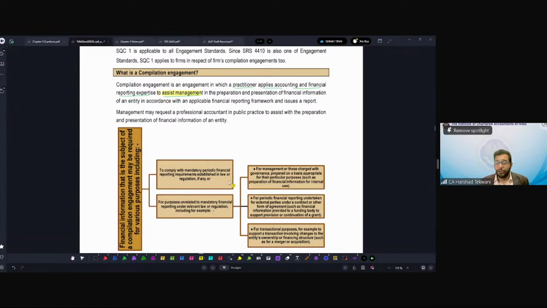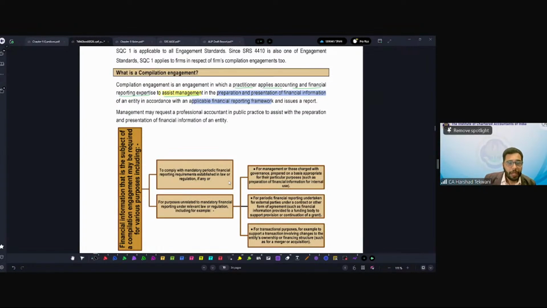Rather, to be specific, I'm using the term preparation and presentation of financial information with respect to the applicable financial reporting framework. Nowhere have I specified whether this is a general purpose financial reporting framework, special purpose financial reporting framework, general purpose financial statements, or special purpose financial statements. It can be anything.